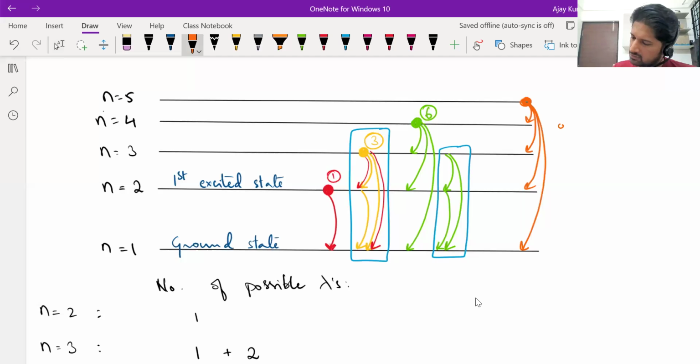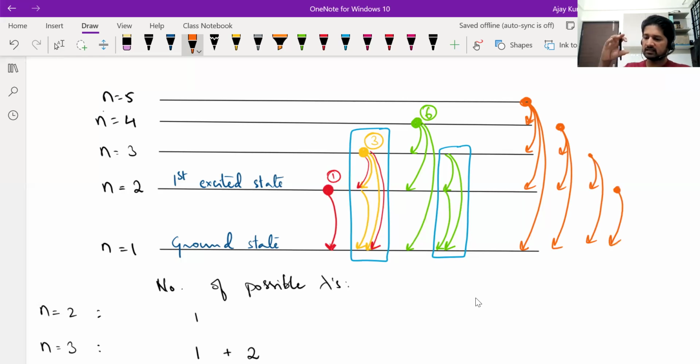Okay, so if it goes from 5 to 4, after that it could go 4 to 3, 4 to 2, 4 to 1. If it goes from 5 to 3, after that it could do 3 to 2, 3 to 1. And if it goes from 5 to 2, after that it could do 2 to 1.